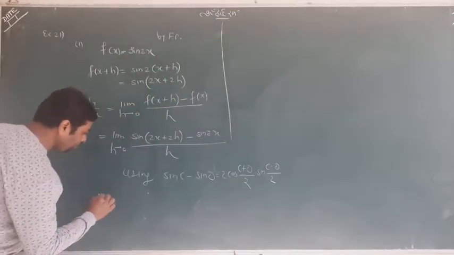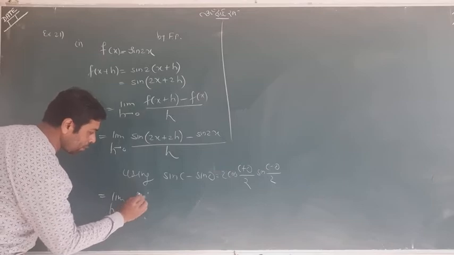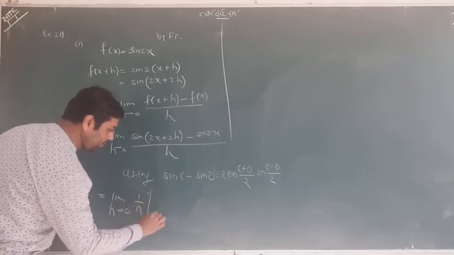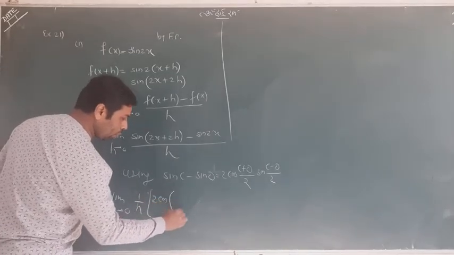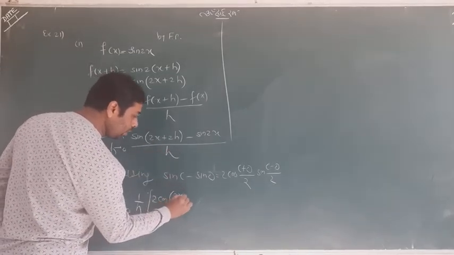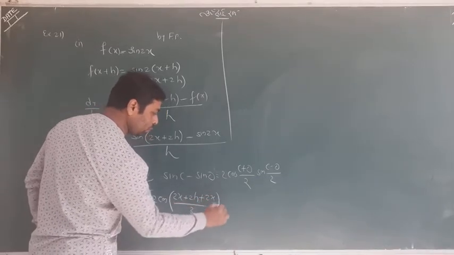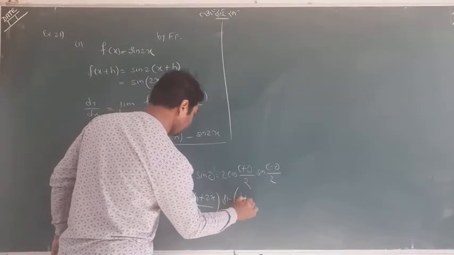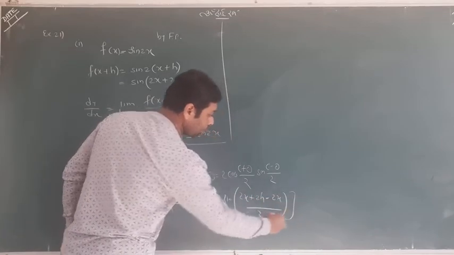Look, I tell you how we can apply. 1 by h, I want to write here, sine c minus sine d: 2 cos c plus d upon 2, sine c minus d upon 2.